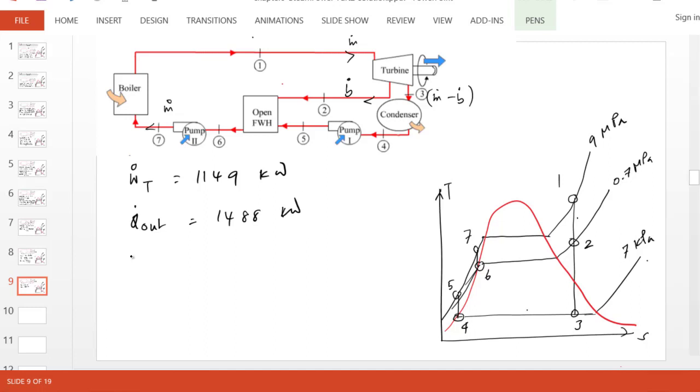The pumping power in the first pump similarly can be shown to be only 0.54 kilowatt. The second pump consumes 9.2 kilowatt. And finally, the boiler where Q dot in takes place, 2627 kilowatt.